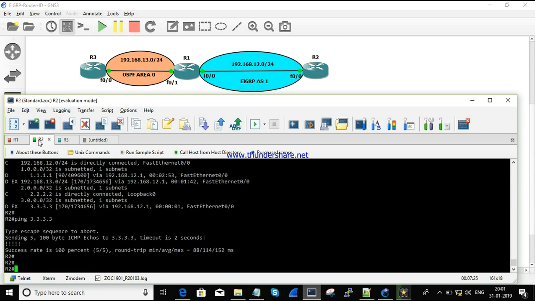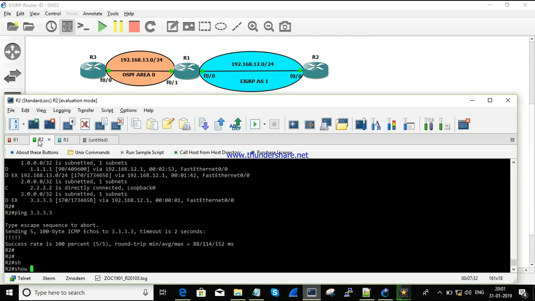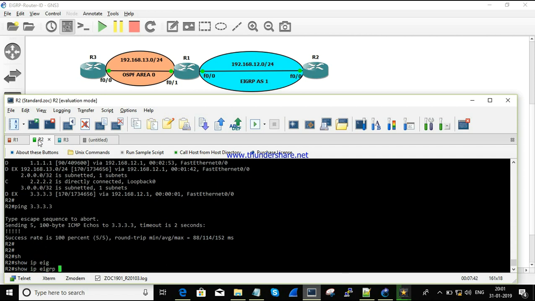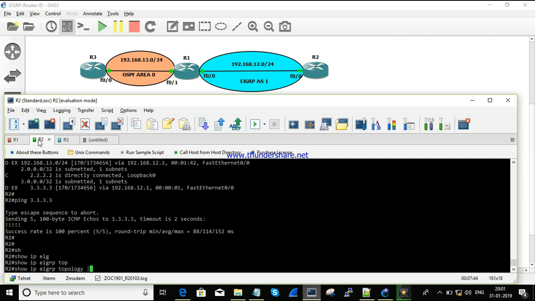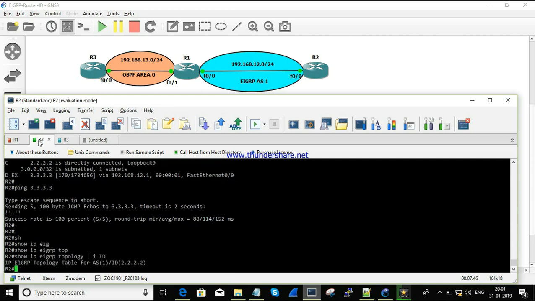Okay, so now what I'm going to do is give R1 and R2 the same EIGRP router ID. First we need to verify what the router ID is. Show ip eigrp topology, filtering for the ID.